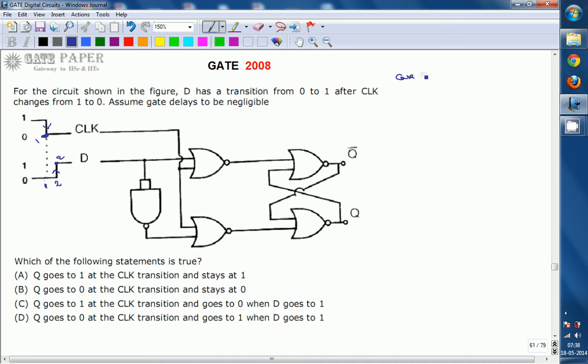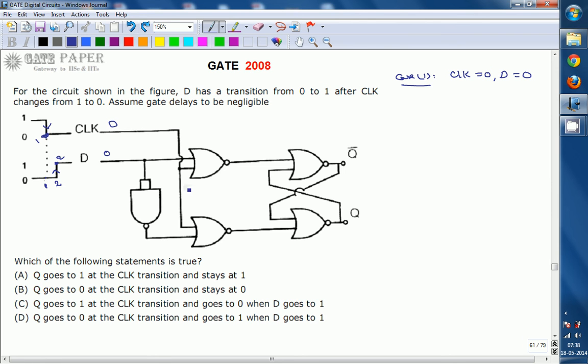So we will go with case 1. Case 1 is where the clock has changed to 0 and D is also 0. So by that time clock is equal to 0 and D is equal to 0.